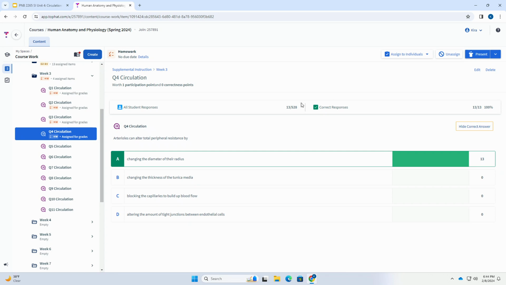The arterioles constrict or dilate based off of blood flow or the need of blood to certain tissues, or the whole blood pressure response, as we talked about, like intrinsic and extrinsic regulation, local vasoconstriction and dilation, and then the fight or flight response.